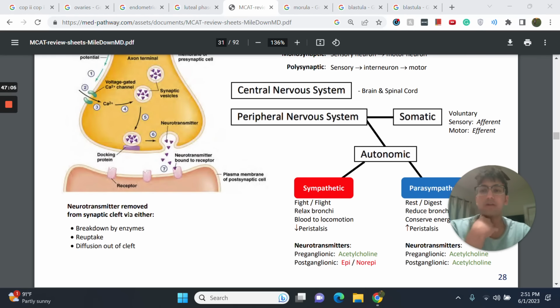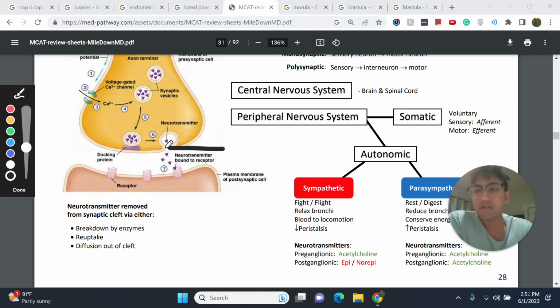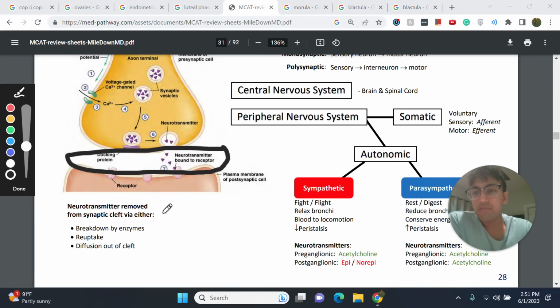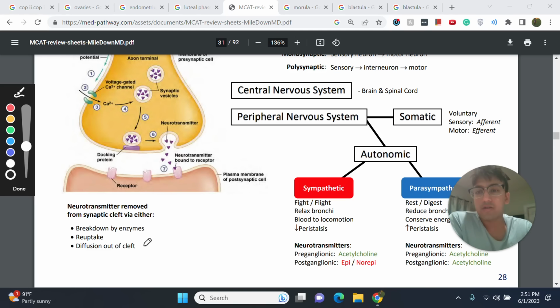Okay, so we can remove the neurotransmitter, and this is pretty high yield actually. We can remove these neurotransmitters in this synaptic cleft by breakdown by enzymes, reuptake, and diffusion out of the cleft, right? And the reason why this is important is because if we want to manipulate different things, then we can manipulate these processes and cause neurotransmitters to be removed.